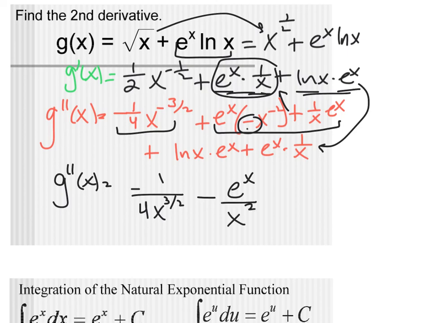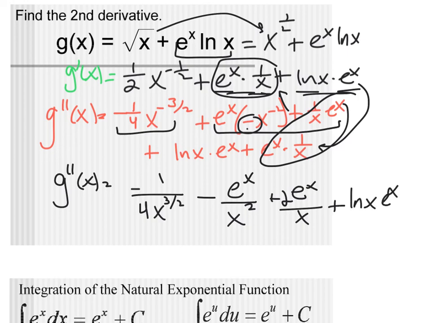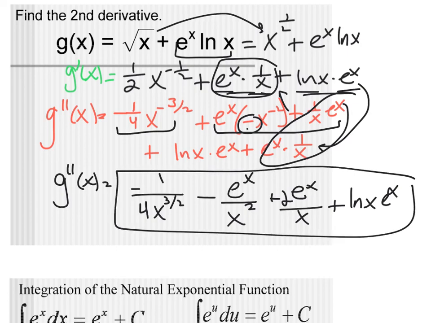And then you could do plus, actually there's 2 of those, so that's kind of nice. So it's plus 2 e to the x over x, and then plus ln of x e to the x, or put the e to the x first, this doesn't really matter. But that would be your final. It looks gross, but that's it.